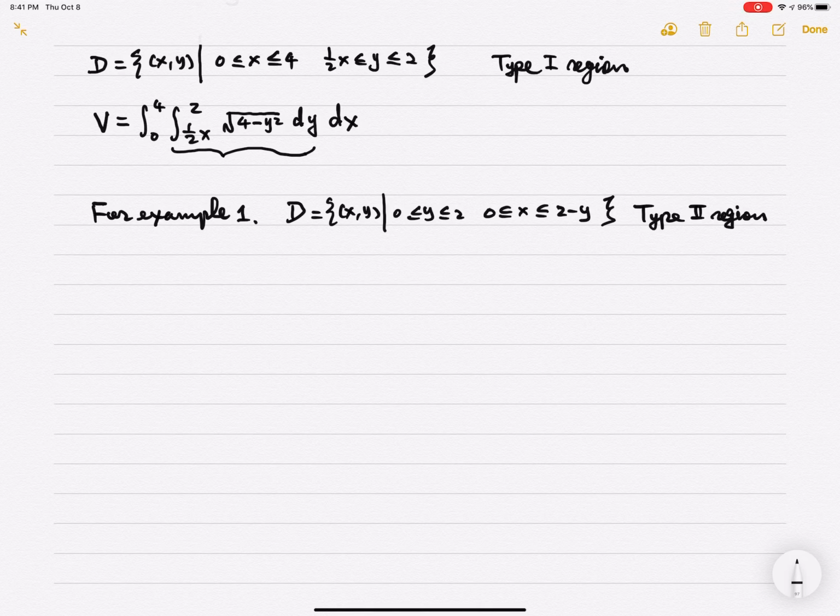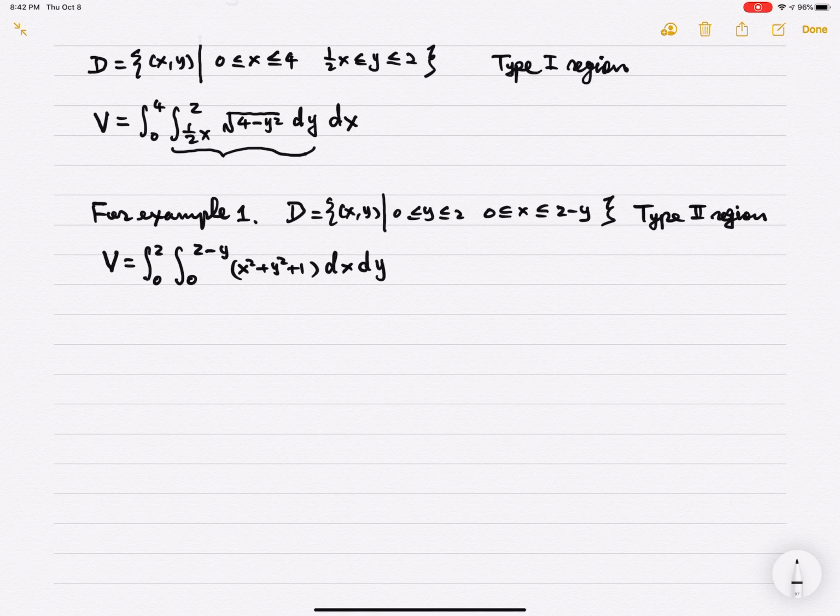Now you see the volume is equal to the integral from 0 to 2, and then 0 to 2 minus y, of the function x squared plus y squared plus 1, dx dy.